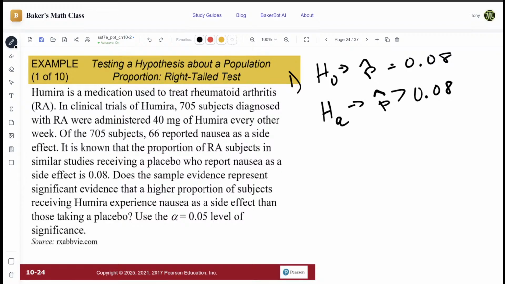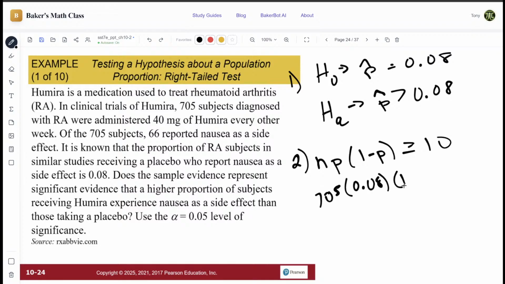Next, we want to make sure that we can do this. So that's got to be greater than 10. So n was 705, times 0.08, times 1 minus 0.08.